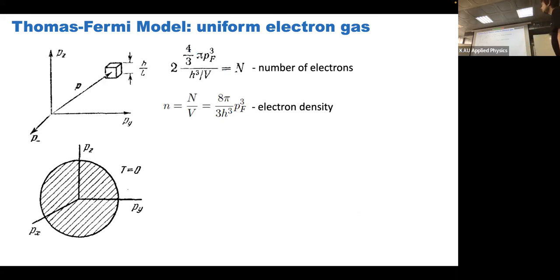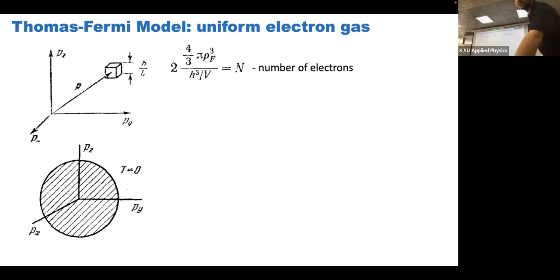Then we can go to electron density, because we're working with electron gas, and we want to calculate the density of this gas. I just divided N by V. It's concentration, density. So you take the number of electrons and divide by V. Concentration or electron density, because we are talking about gas.